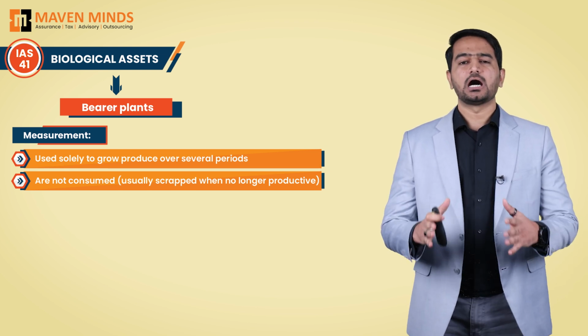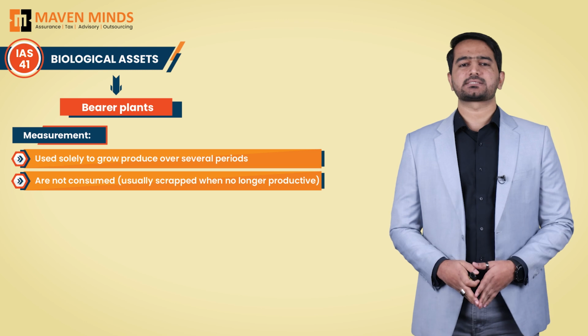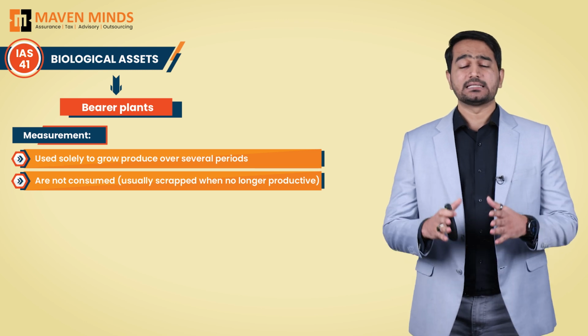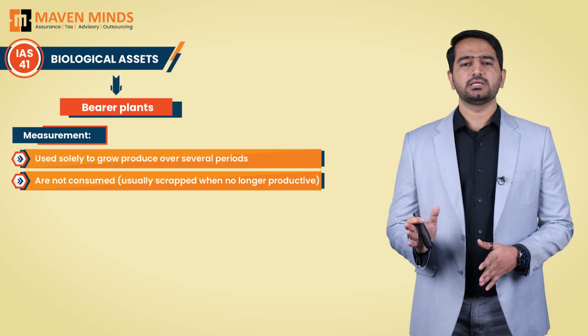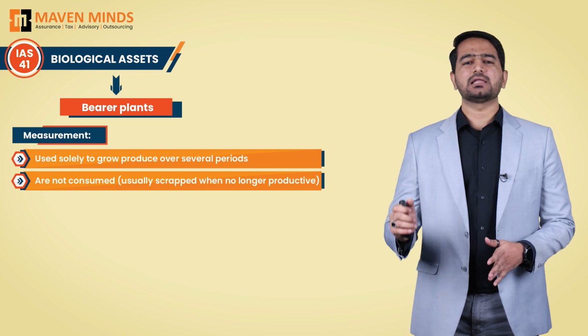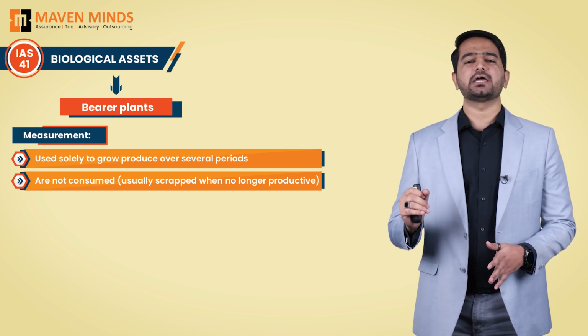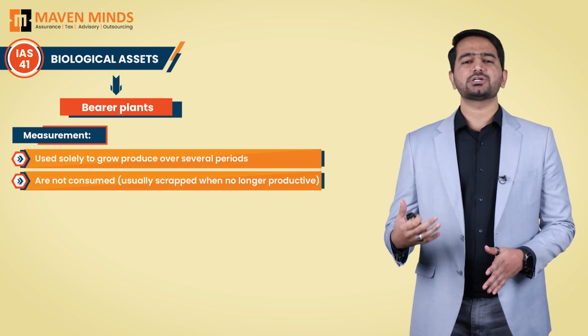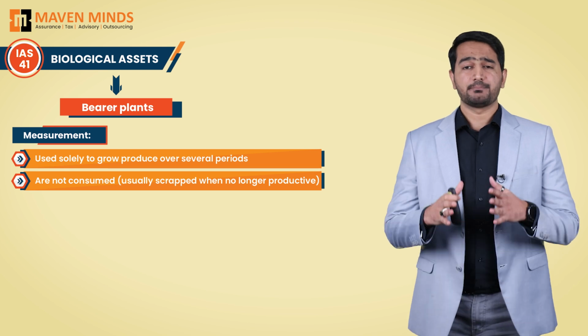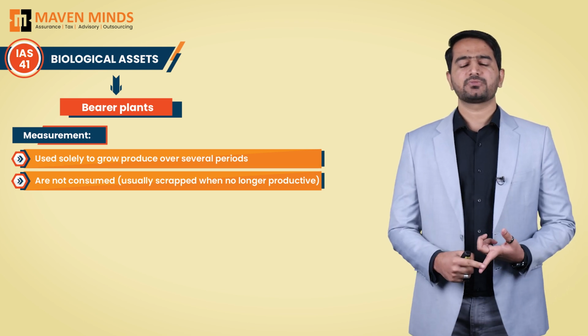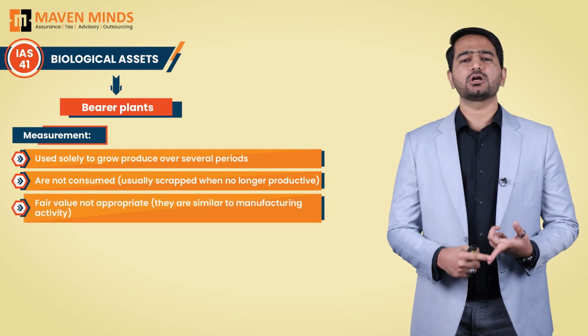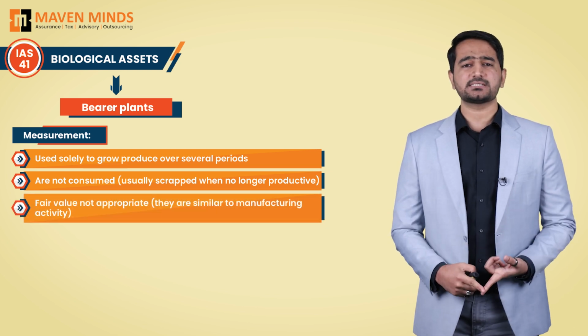Now, how do we measure bearer plants? Well, this has been a debate for years. Initially, bearer plants were treated like biological assets under IAS 41 and measured at fair value. But this caused a lot of problems. First, the fair value model did not make sense for bearer plants.